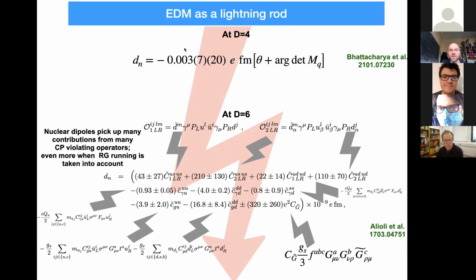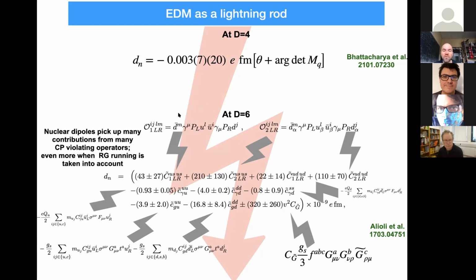There is some coefficient that is of the order of 1%, but we don't know exactly what it is, because our lattice methods are still limited, so we can only estimate it. There's no reason it should be 0, but we don't know exactly what it is. But anyway, there is a sensitivity to dimension 4 operators, but at dimension 6 there's a sensitivity to a huge class of operators.